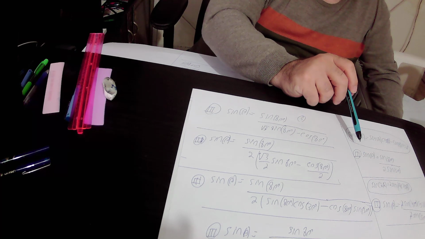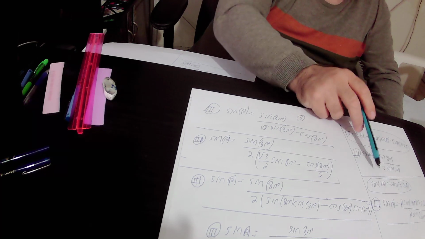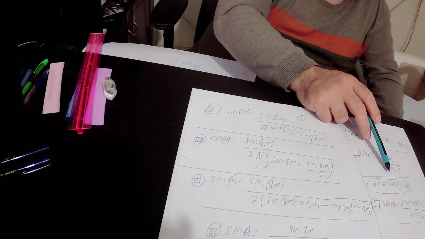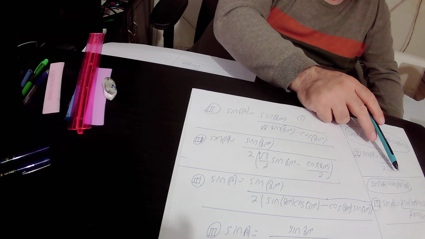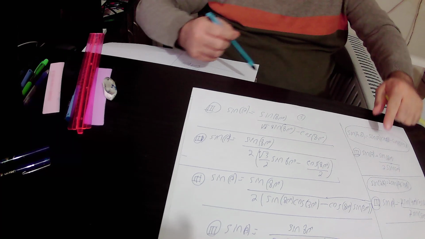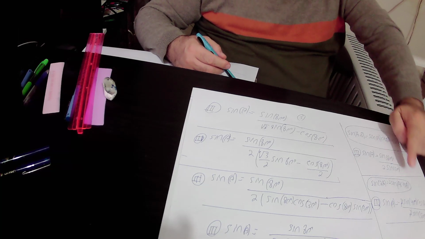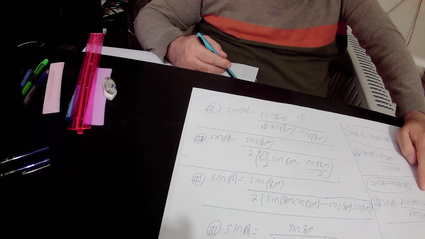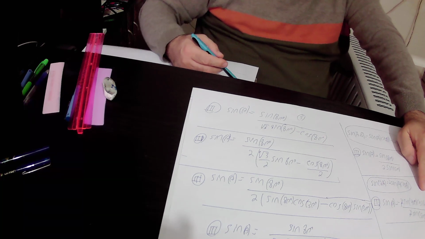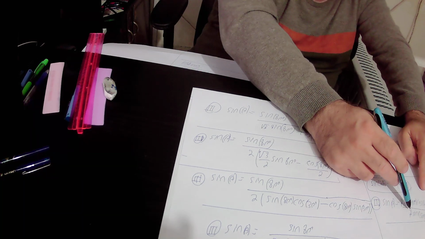Then we used the trigonometric identity that sine 2A equals 2 sine A cosine A in order to substitute sine 80 degrees by 2 sine 40 degrees cosine 40 degrees, and here 2 and 2 will get cancelled.